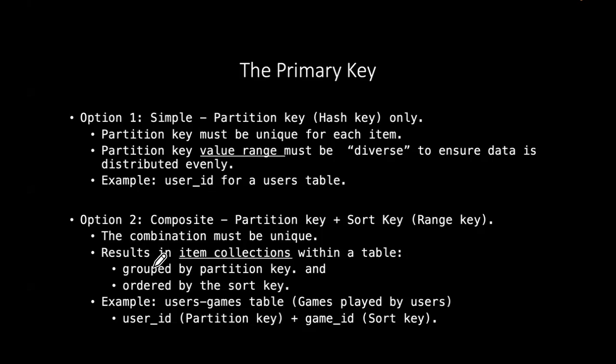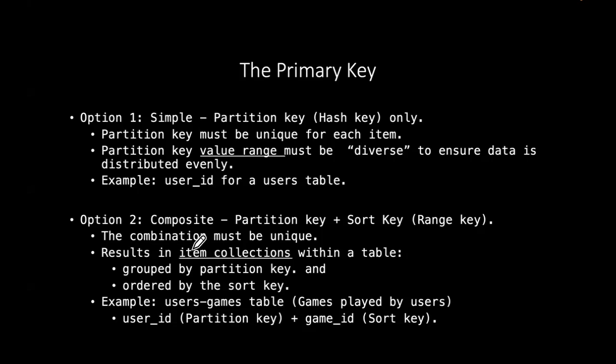And if you try to read all of the items that have the same partition key, like if you execute a read request and you say, I want all the items that have the partition key ABCD, then you're going to get the collection of items that have that partition key and they're going to be ordered by the sort key.